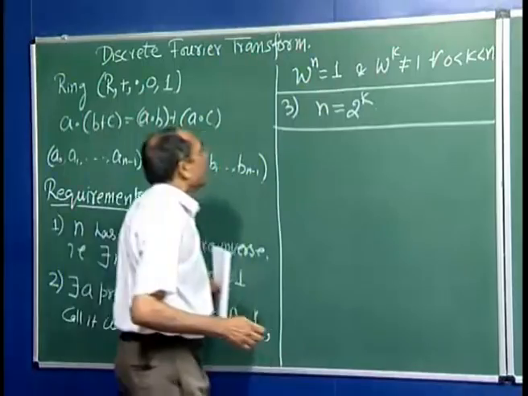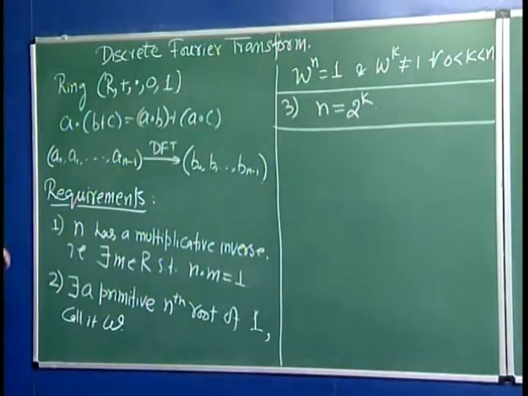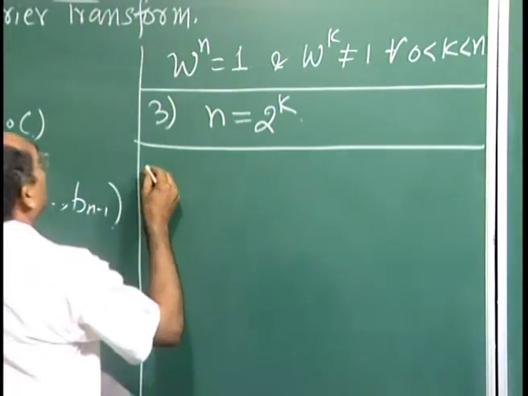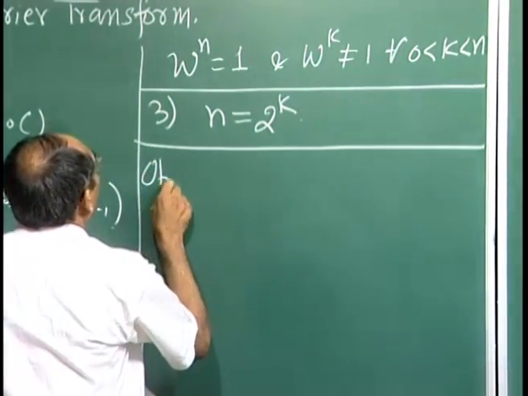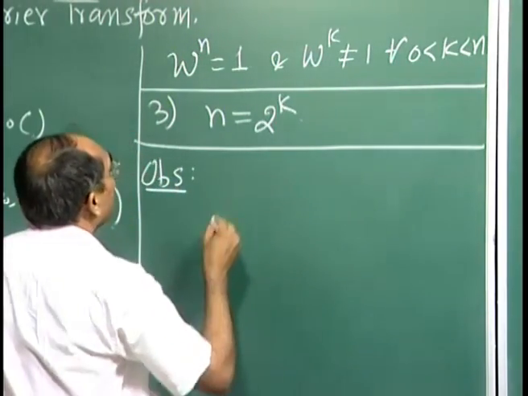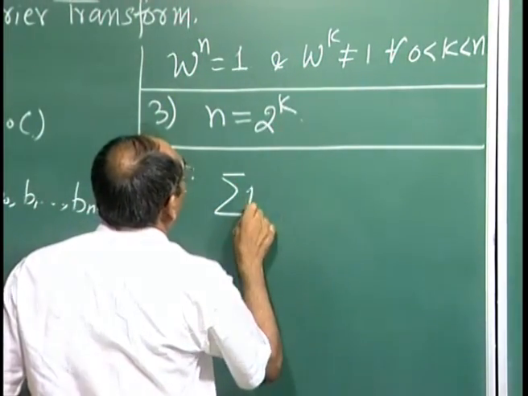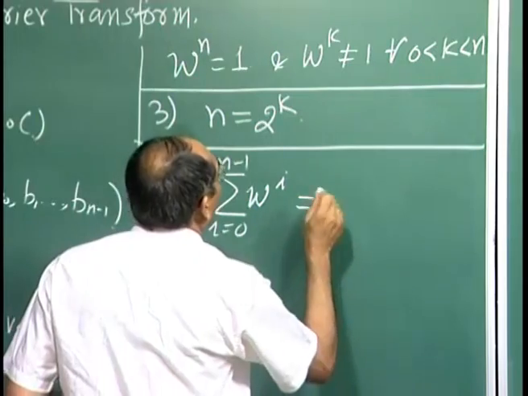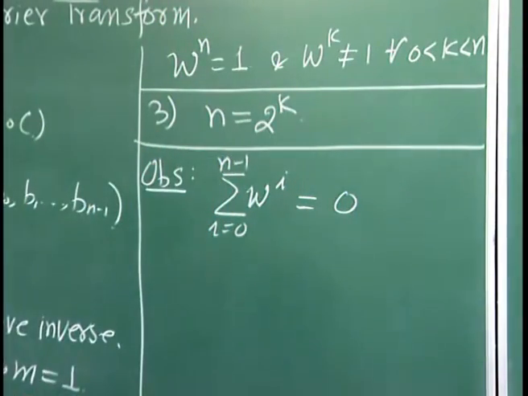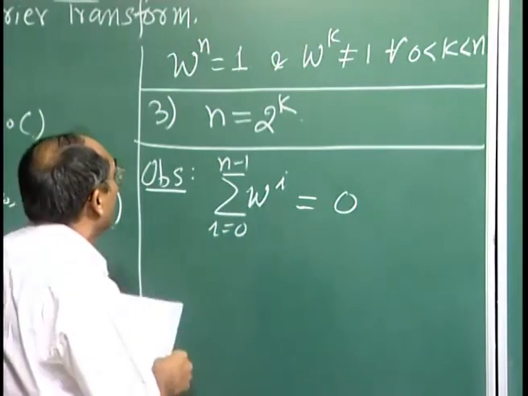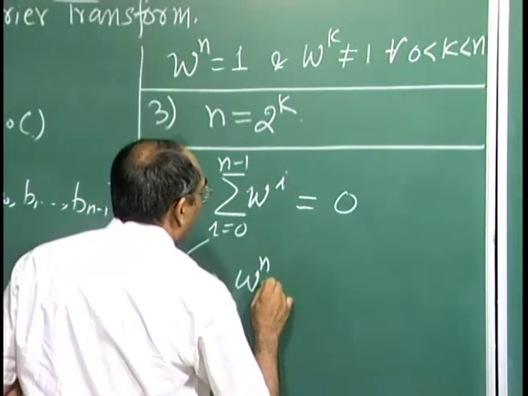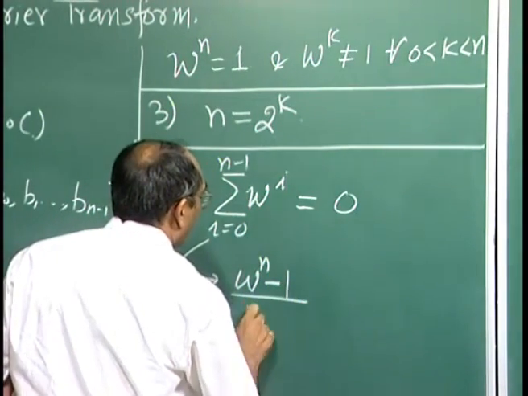So now we are ready to define the discrete Fourier transform of a vector with n components. So let's just establish a few properties. Observation says that the sum of omega to the i, i going from 0 to n minus 1, is 0. And this is trivial because this is a geometric series, and this is nothing but (w power n minus 1) over (w minus 1).